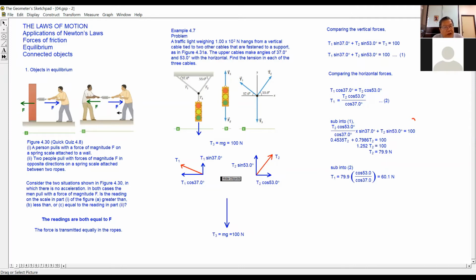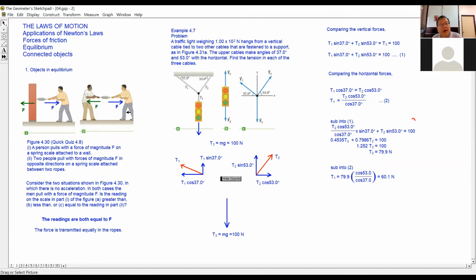If both of them are not moving, that means the two forces are the same. These two forces are transmitted along the rope. So the tension in the rope on one side is F, and the tension in the rope on the other side is also F. The two forces balance one another.